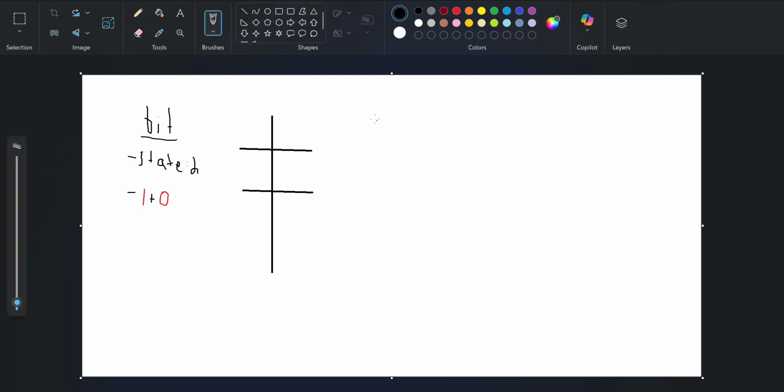So let's draw back our NOT gate that we just made. Again, it's a triangle with a dot, one input and one output. So, like I said before, if we were to input a 1, our output would be a 0. And while we're at it, we may as well go ahead and label this as I for input and O for output.